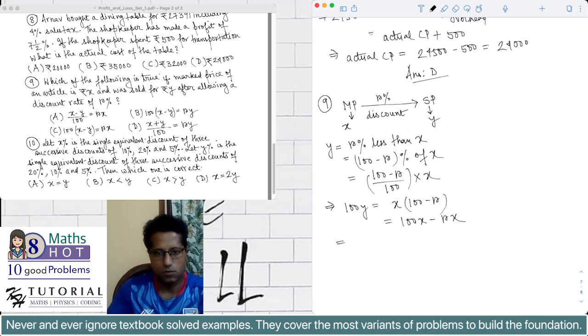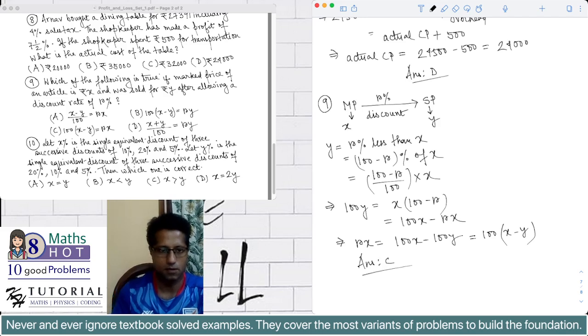Now if I take the Y term to the right hand side and bring the RX term to the left hand side, we get RX is equal to 100X minus 100Y. Taking 100 common, we get 100 multiplied by X minus Y. So we must have RX is equal to 100 into X minus Y, and hence the correct choice is C. C is the correct choice.